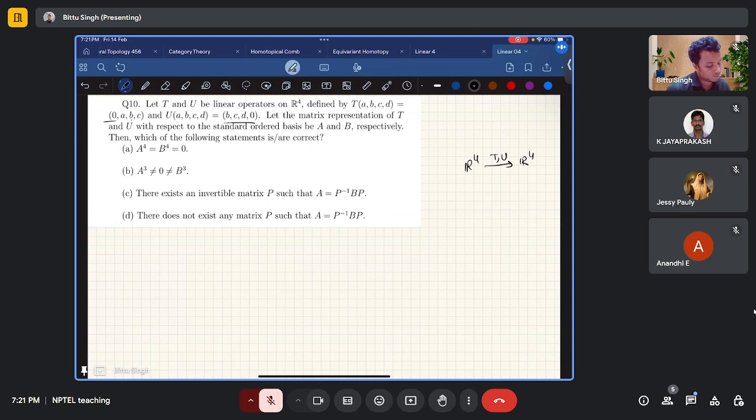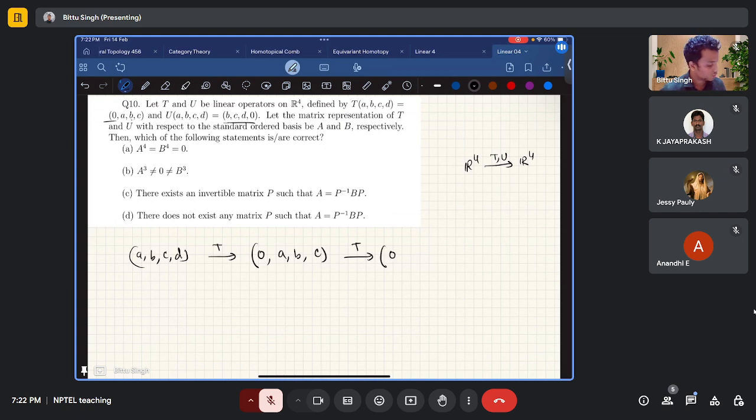Now the question, what are the possibilities? We can see that for (A, B, C, D), if we apply T, it is just shifting one right. So it is (0, A, B, C). Now again if we apply T, it will again shift one right.